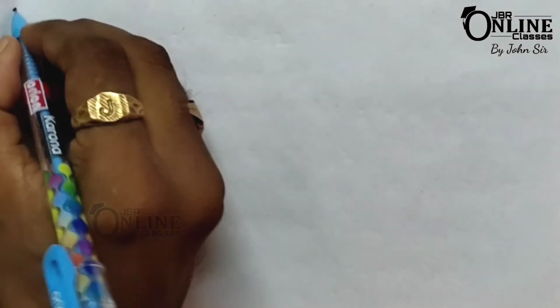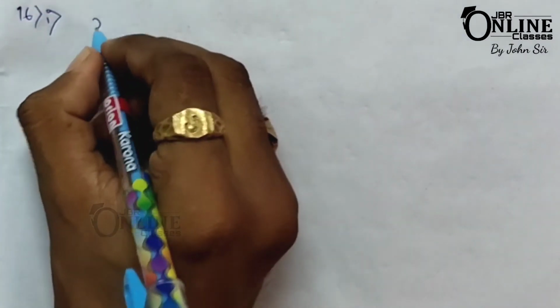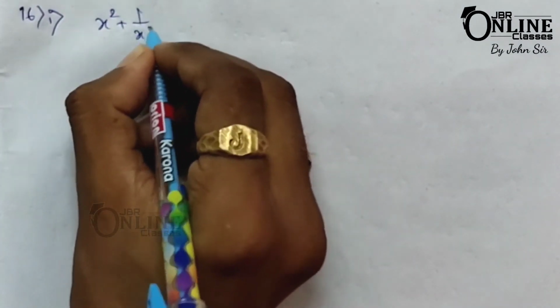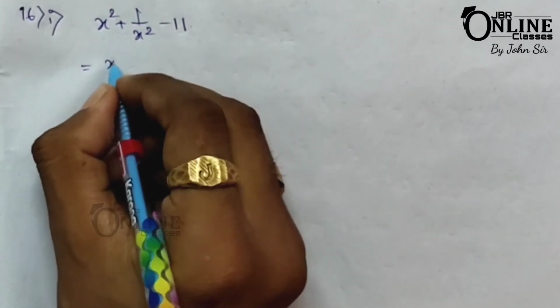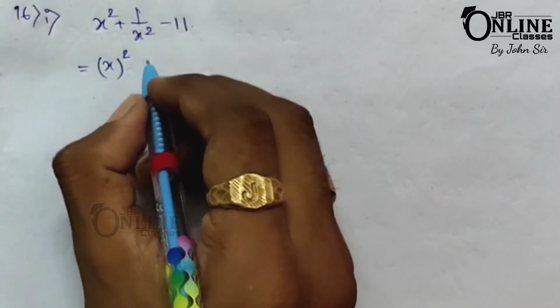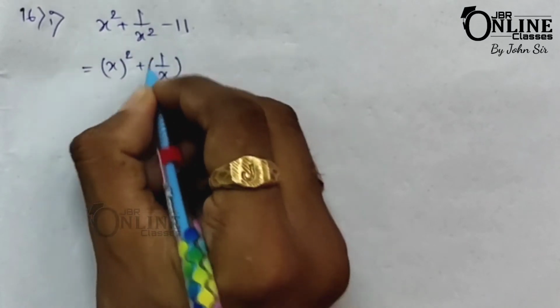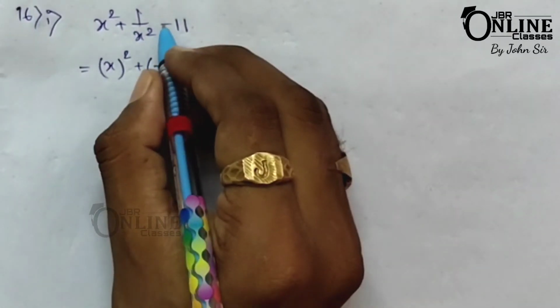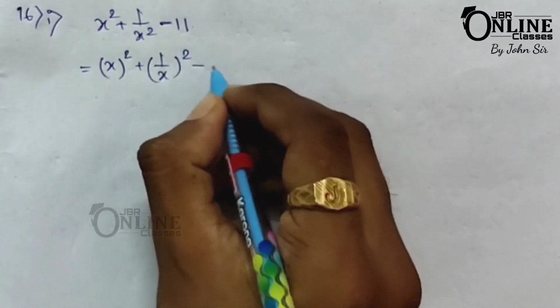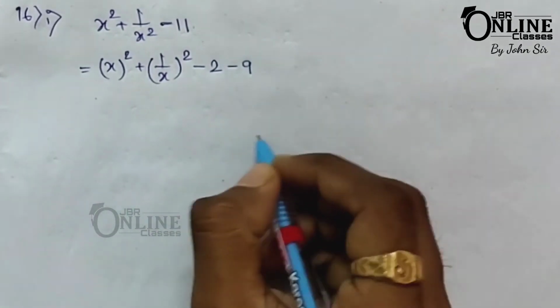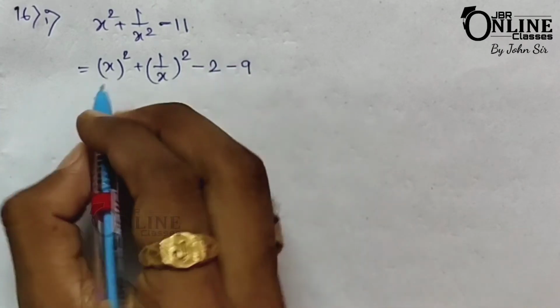Now next one, sum number 16(1). In 16(1), x square plus 1 by x square minus 11. Okay, so here x square, so write down x whole square, then 1 by x whole square, that will be 1 by x square. Now minus 11, so if you break down this minus 11 as minus 2 minus 9, that will be also minus 11.